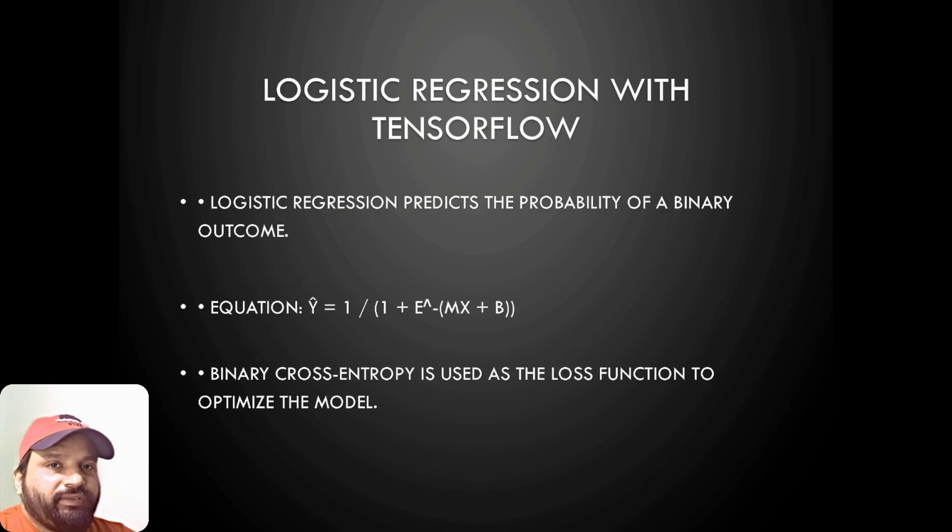Here e is the exponential function. It is a continuous function, and since it predicts a binary outcome, our cost function will be binary cross entropy loss. To calculate the loss, we will use binary cross entropy loss. If we use regression, then we will use mean square error, mean absolute error, or Huber loss as per the requirement.